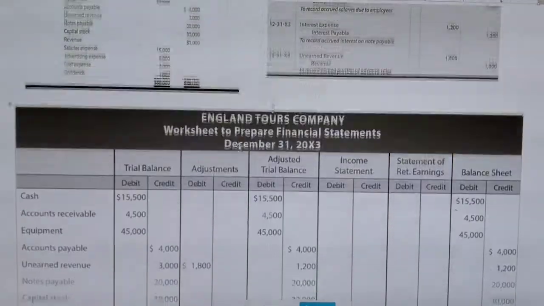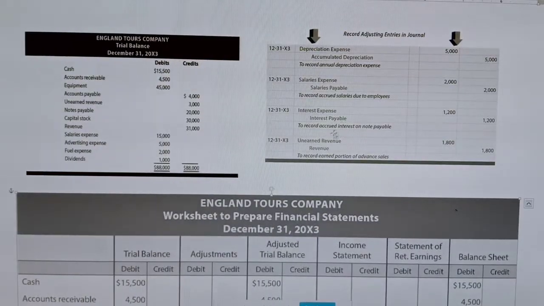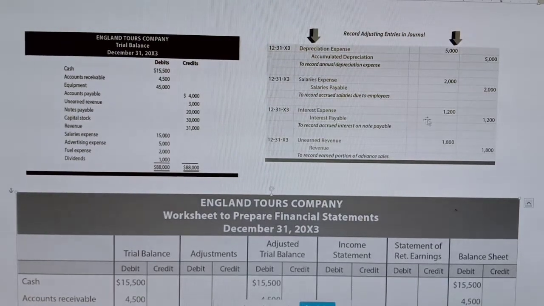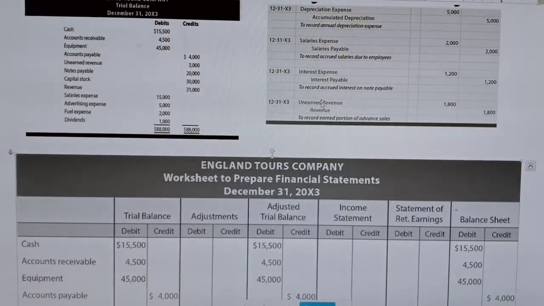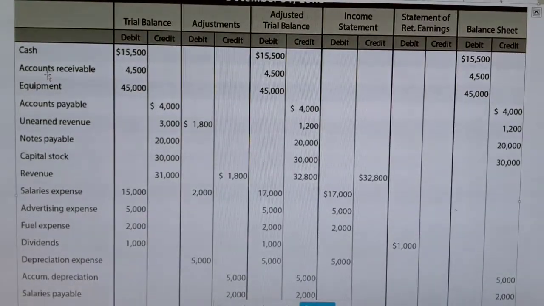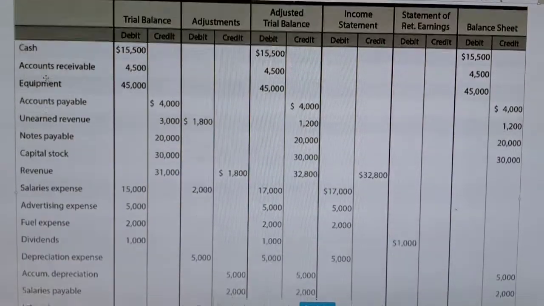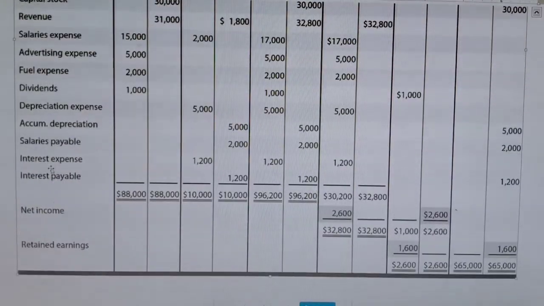Okay? And then next, pangatlong entry natin is debit interest expense 1,200, credit interest payable 1,200. Okay, so dito sa entry natin, kung papansinin natin ay wala tayong interest expense sa original account, kaya idadagdag natin. Same as with interest payable. So, debit interest expense under ng adjustment column, and then interest payable credit 1,200 under pa din ng adjustment column.